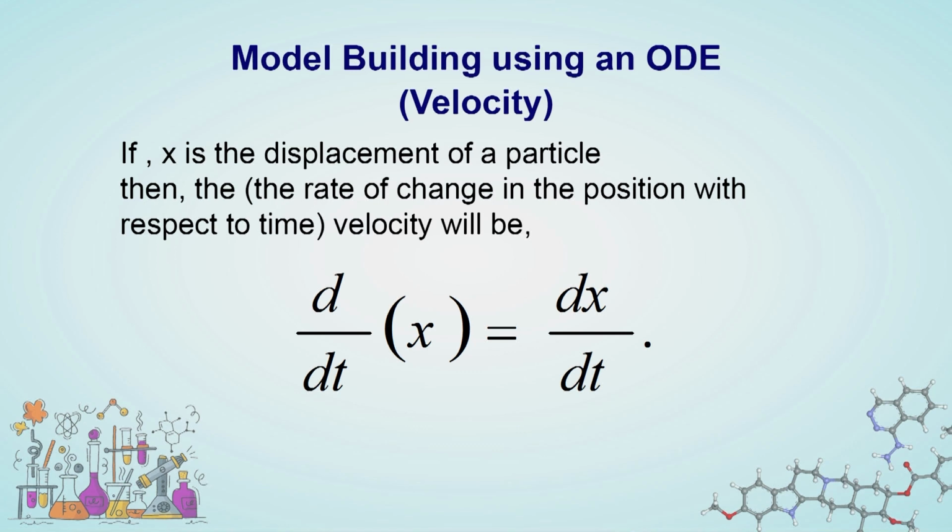It means d by dt of x or dx by dt. This is nothing but the change of the position of x with respect to time t. This is referred to as velocity in physical terms. Then dx by dt is velocity.